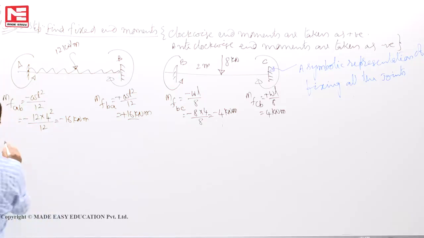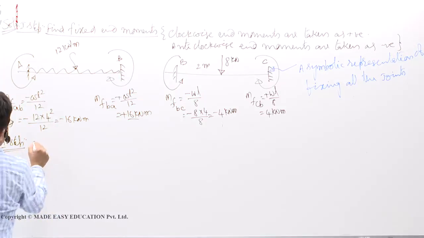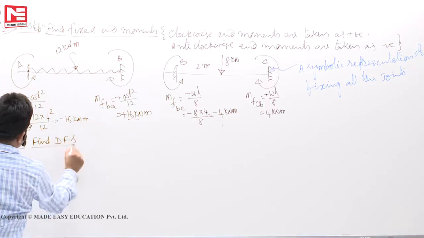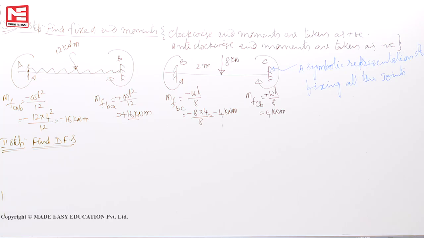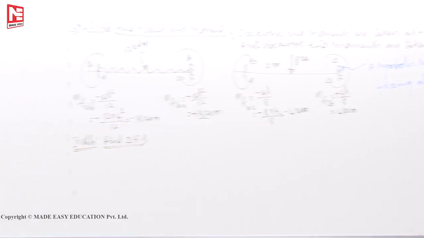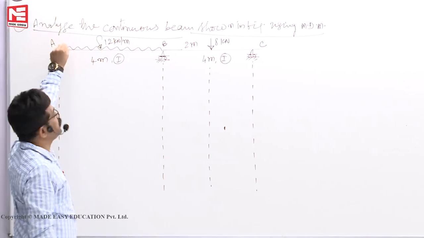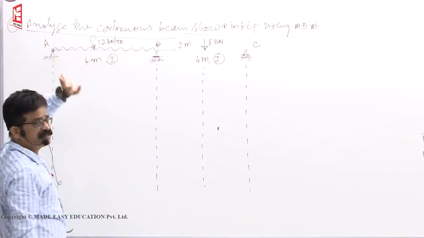Next, second step: find distribution factors. When you are finding the distribution factors, at A, when you lock this joint, it is a symbolic representation of locking, but it is not actually fixed.